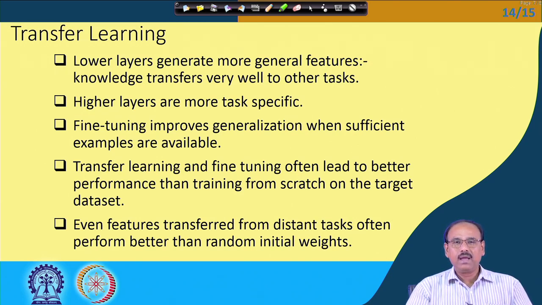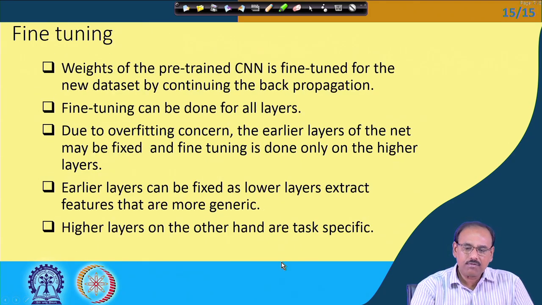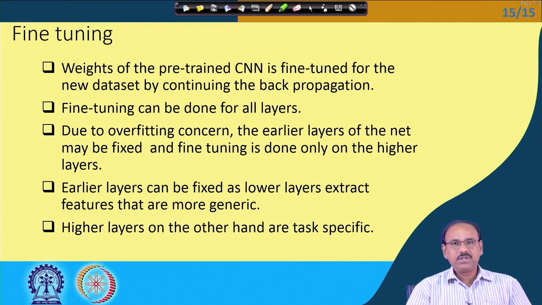Even the features transferred from a domain which is not related to my target domain, from distant tasks, very often perform better than random initialization of the weights, because whenever we train a neural network, the weights of different layers are assigned at random. So, this is the concept of transfer learning, where the weights of the pre-trained convolution neural network are fine tuned for the new data set.